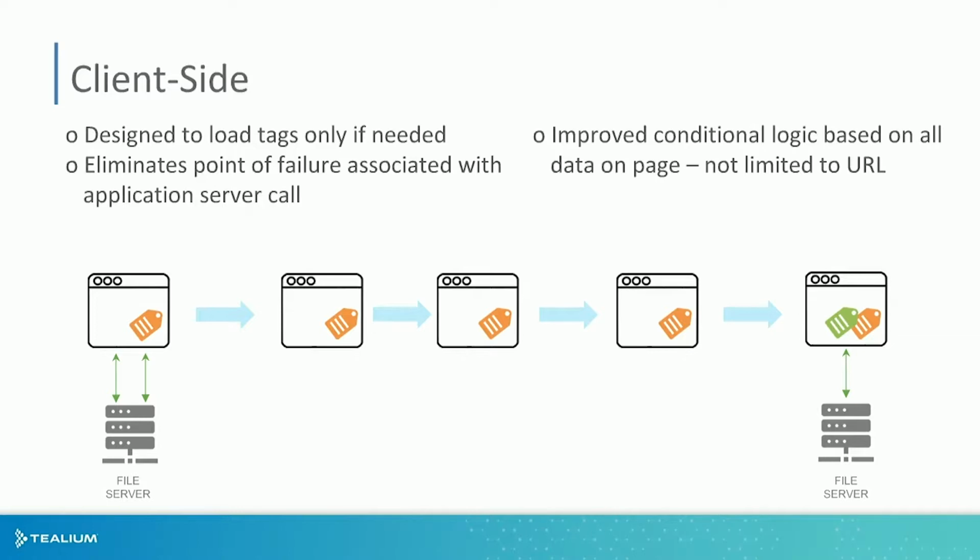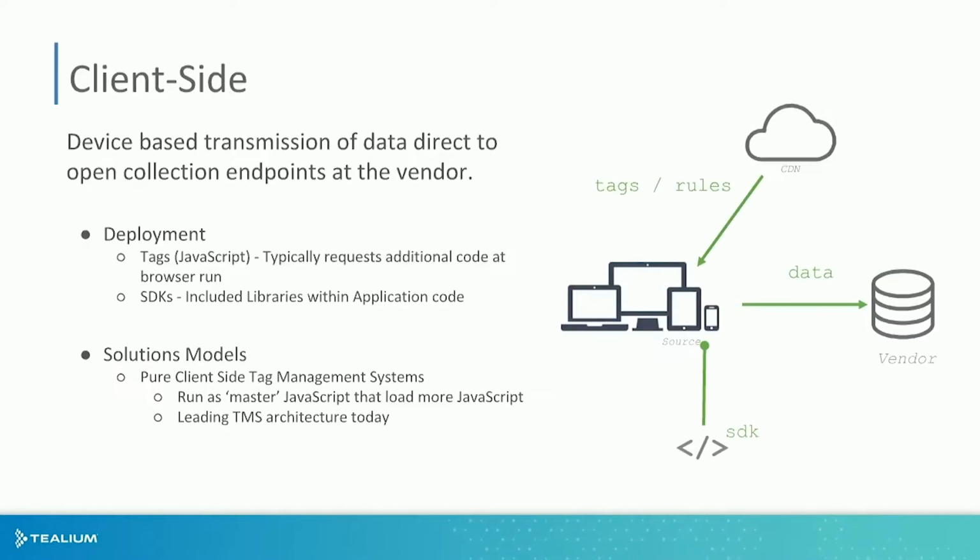Which again, does eliminate that single point of failure, or at least it eliminates one point of failure, and it also just won the day in terms of efficiency. If you look at the overarching performance of this model, it actually does result in a faster overall experience for the user.